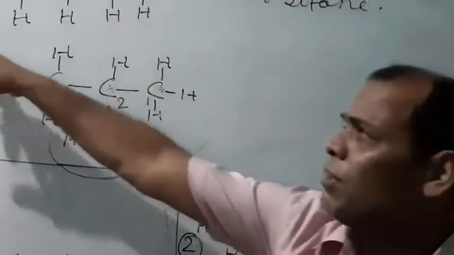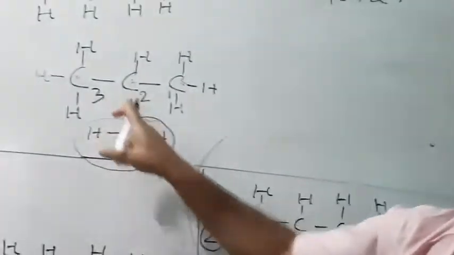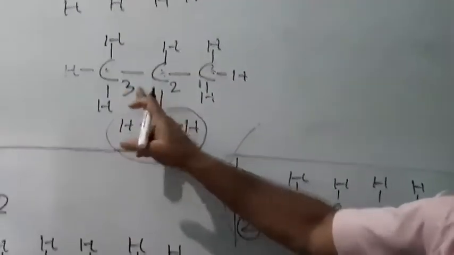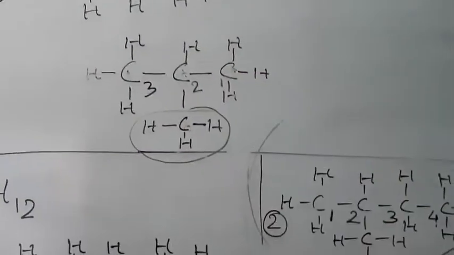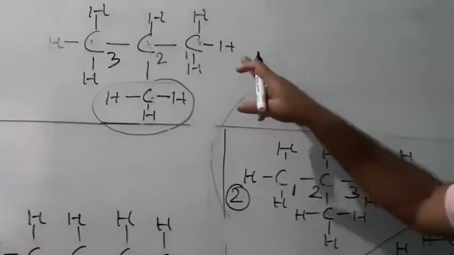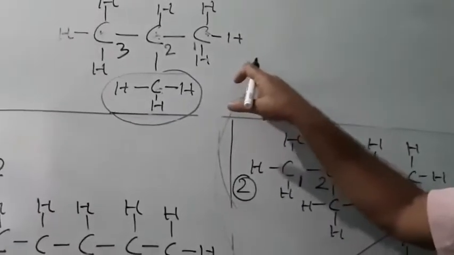But you see here, this compound is also C4H10. So we cannot say normal butane.